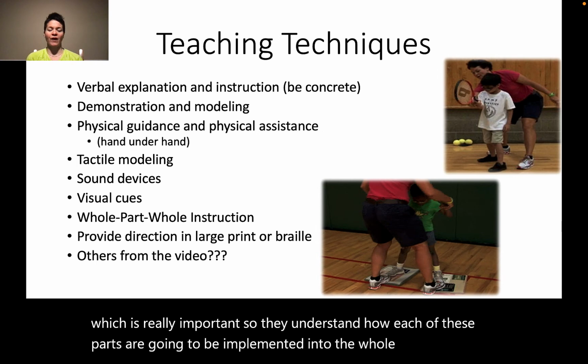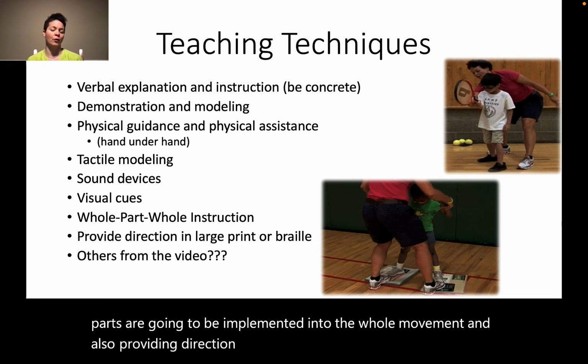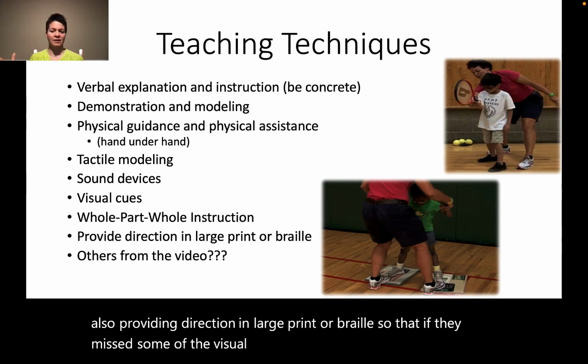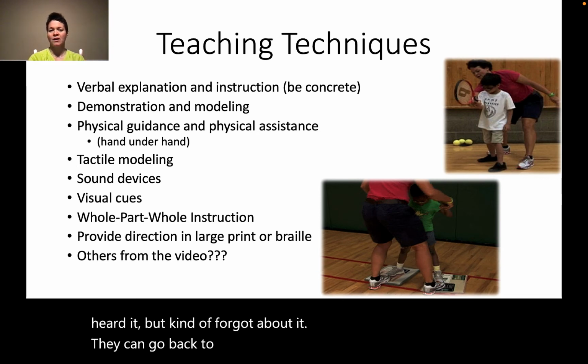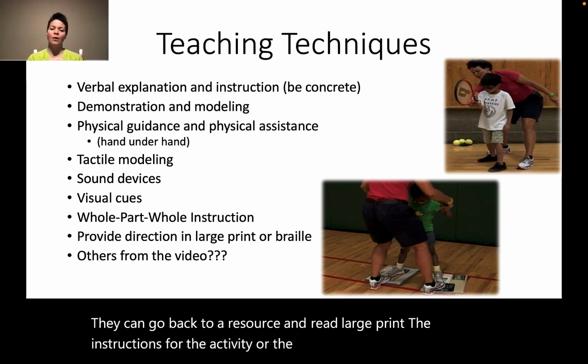And also providing direction in large print or Braille, so that if they missed some of the visual demonstration, or they heard it but forgot about it, they can go back to a resource and read the instructions for the activity or the station or the skill in large print, or look at it in Braille.